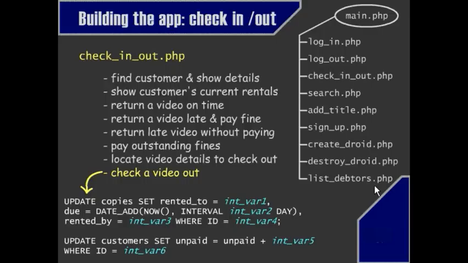We use the now function to get the current date, and then we add an interval of a certain number of days. The number of days is dependent on the status of the particular film, the copy of which the customer is checking out. A new release can only be checked out for 1 day, whereas a standard release can be checked out for 3. Arbitrary figures, but that's what we've set for this particular application.